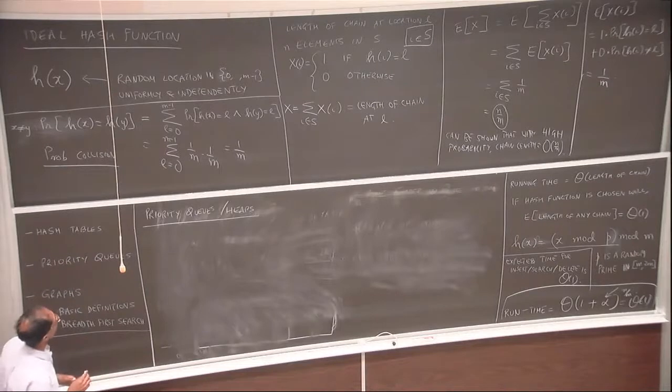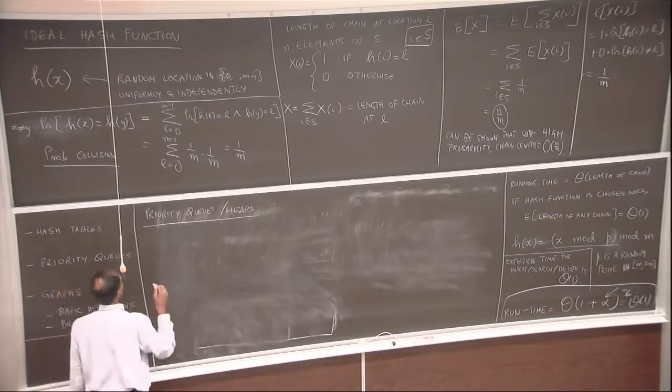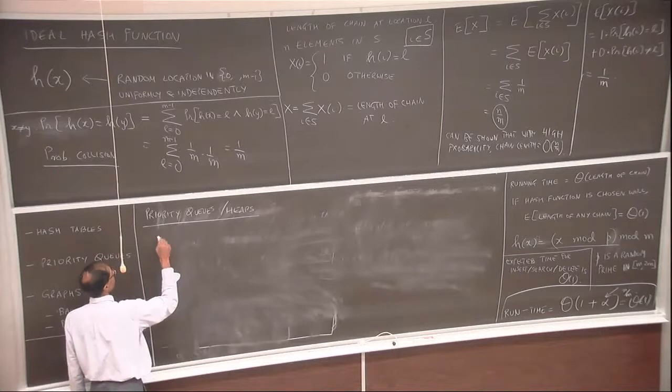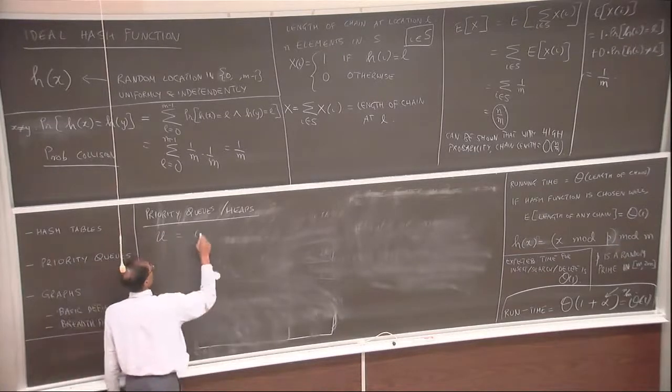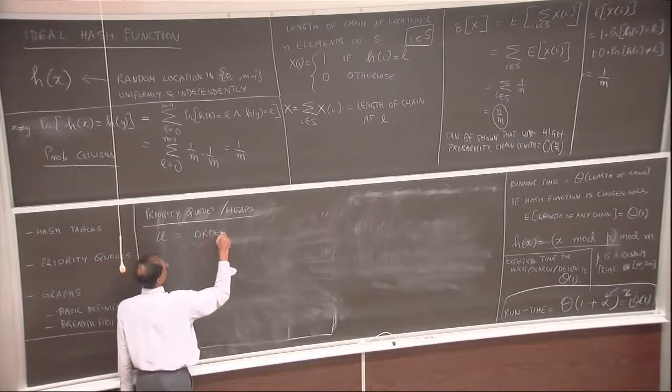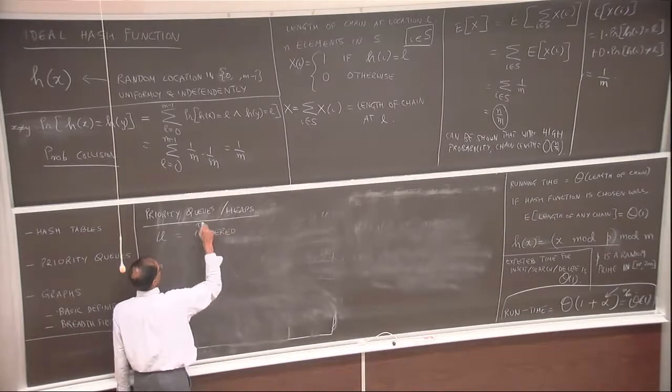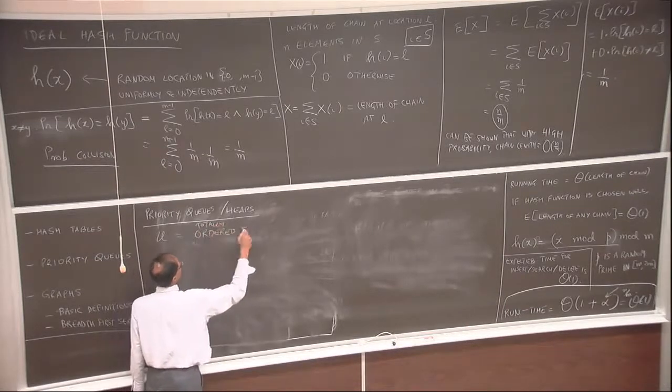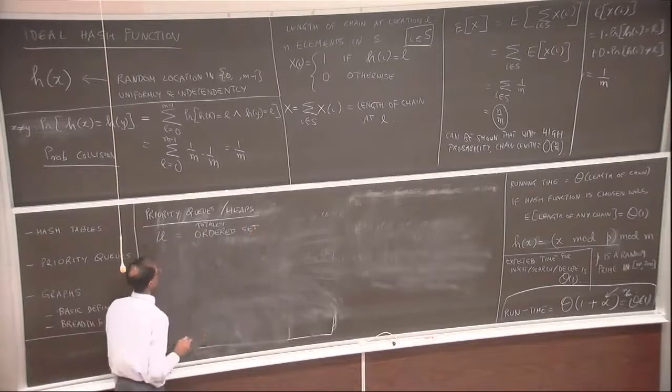So there also we have the same situation. We have a set S we are maintaining. Our universe here, think of it as some totally ordered set, like integers. That's the universe.